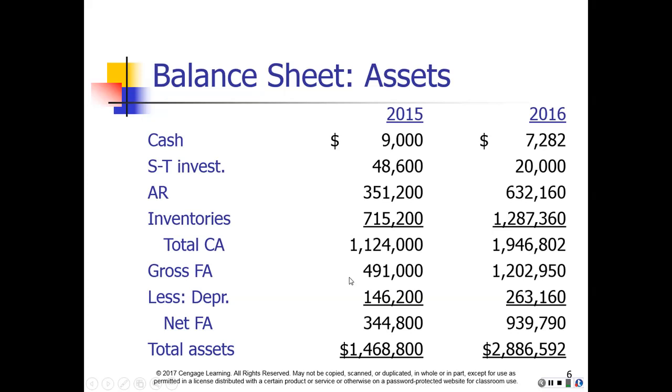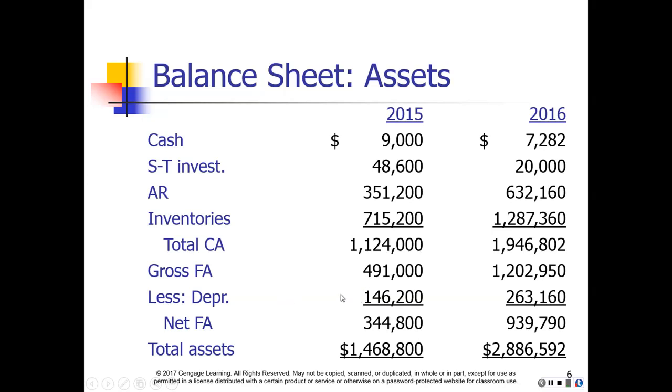Gross fixed assets is basically the amount that you had spent on buying fixed assets like machines, like buildings, right? And so they had spent prior to 2015 $491,000. 146,200 of that has been depreciated so far, right? That's how much this is cumulative depreciation.